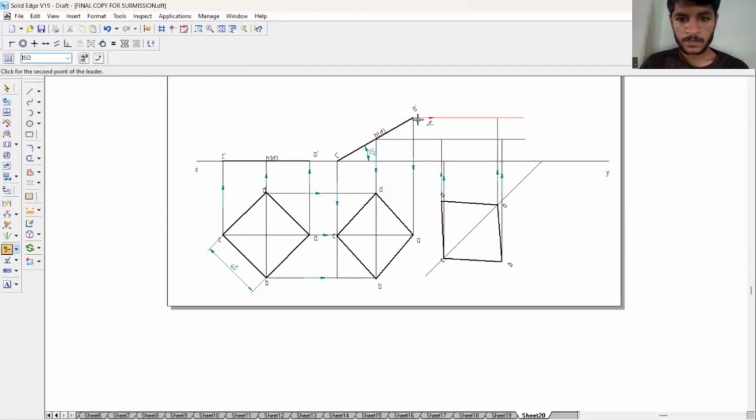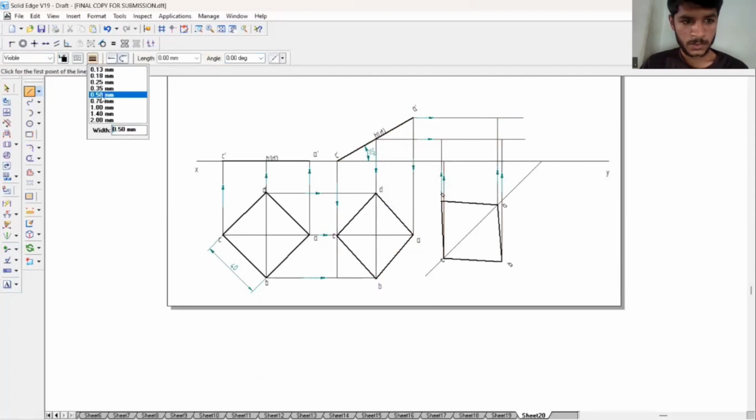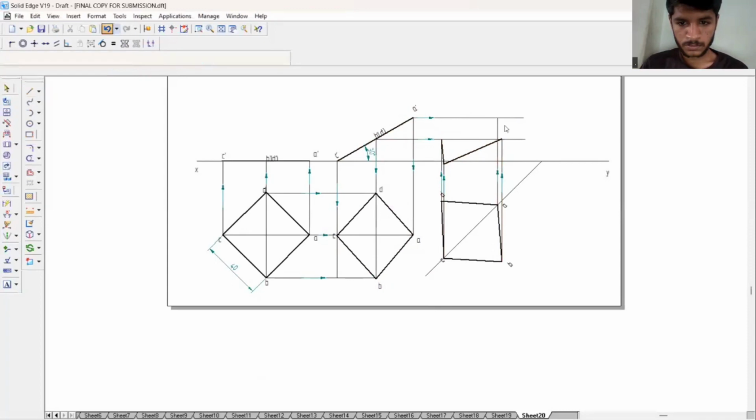Let's draw and join the endpoints. Take a line. Okay guys, this will be the final position of the given problem.